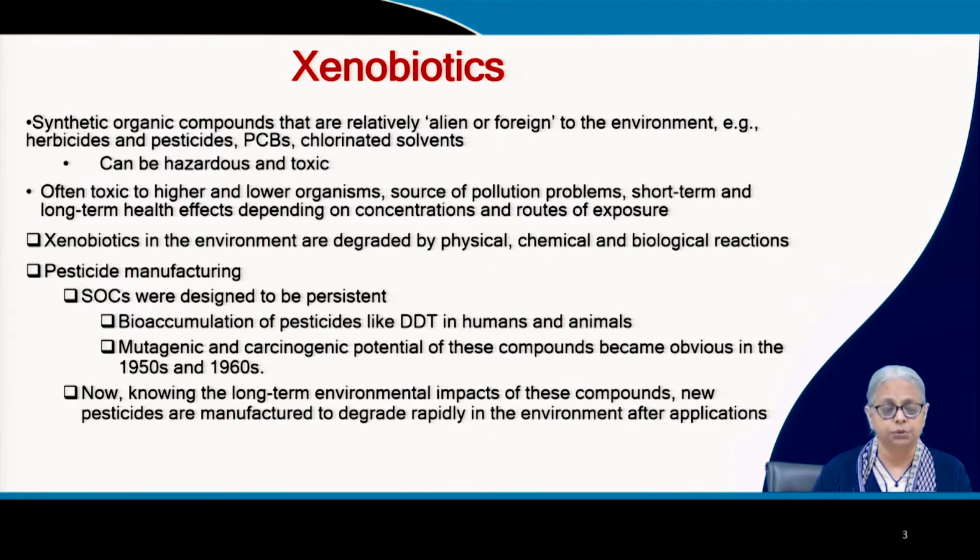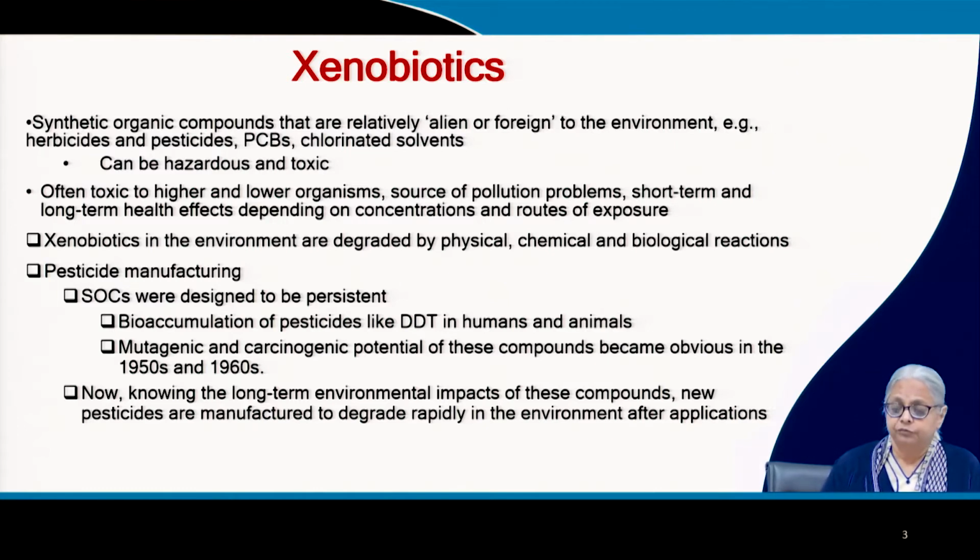We are worried about many of these compounds of synthetic nature that are now part of the streams and lakes and so on, and therefore they become part of our drinking water, and many other problems are associated with them. They can have short-term and long-term health effects, not just on us but on other species, and that depends on their concentration and routes of exposure.